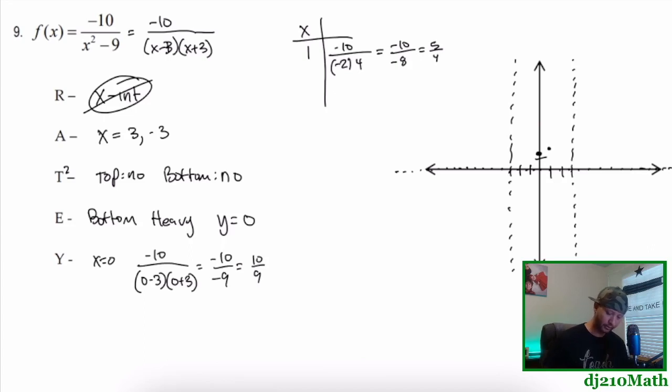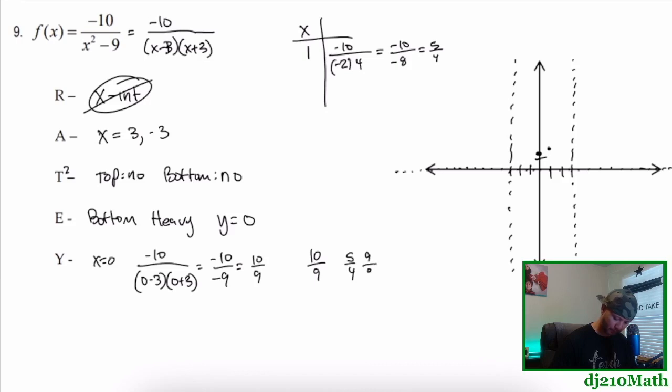Is 5/4 bigger or smaller than 10 ninths? What do you think? Which one do you think is bigger? I feel like it's like 1.1111 something. But let's just compare. I don't have a calculator handy. So 10/9 versus 5/4.